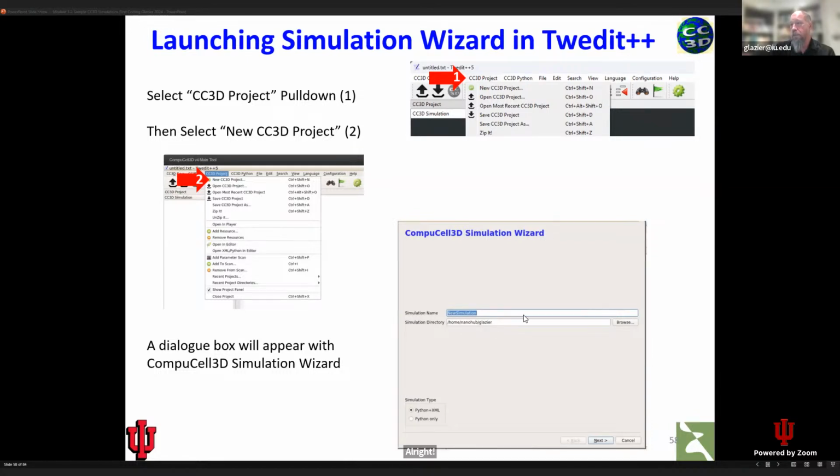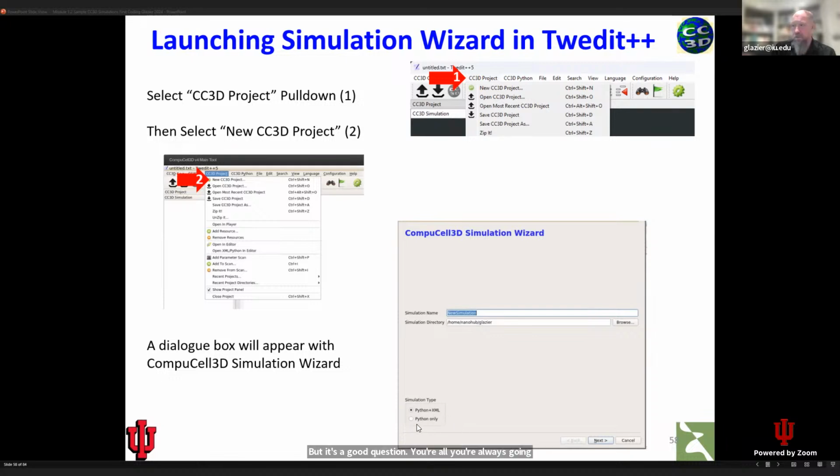Now, this is an old slide, so it has the word NanoHub in it. You're going to hit the Browse button and navigate to the place you want to put your simulation. Don't touch the simulation type box. We're going to leave everything as a default, pretty much. But it's a good question. You're almost always going to select Python plus XML.